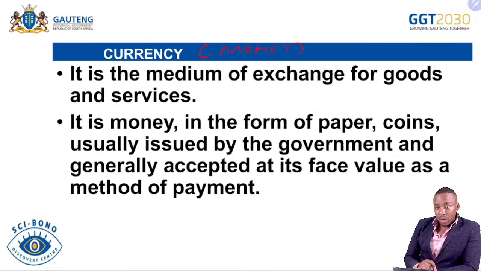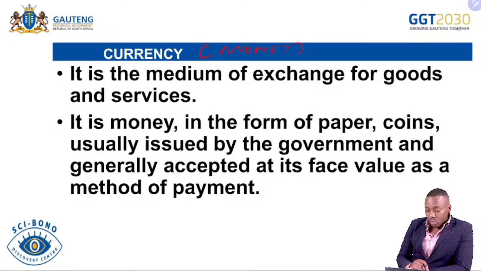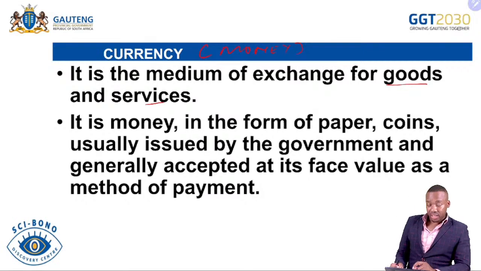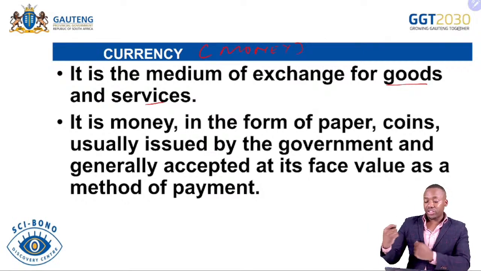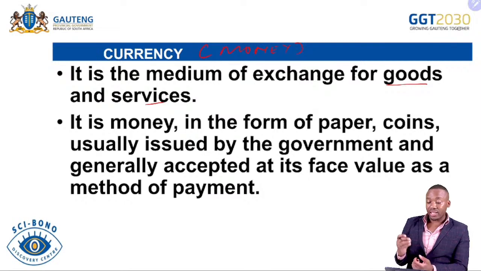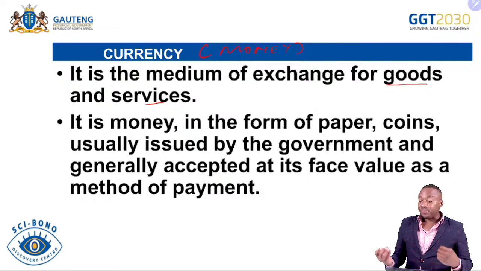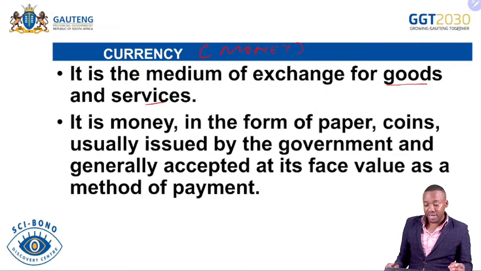A currency is a medium of exchange for goods and services. So if your goods are tangible, obviously you need to trade, you need to exchange. You need that particular money for you to get your goods. I give you my goods, you give me money. It is a medium of exchange for goods and services.